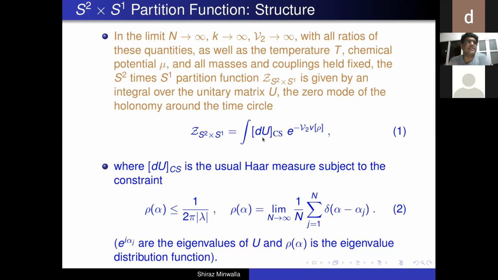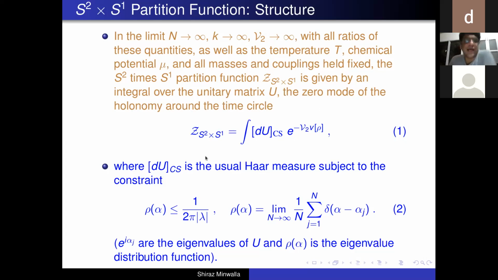This U here is a single unitary matrix, which should be thought of as the zero mode of the holonomy around the time circle on the 2-sphere. So the partition function takes the form of an integral over a unitary matrix, and then there's an action which depends on the gauge invariant part of this unitary matrix.